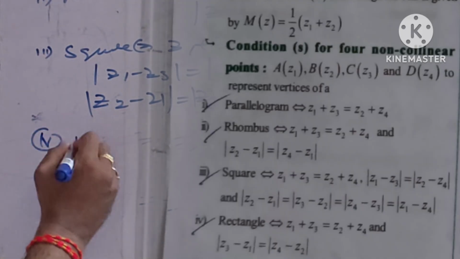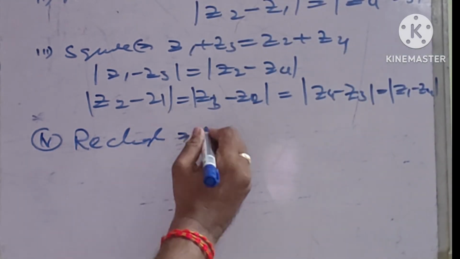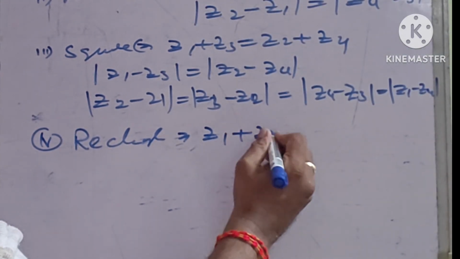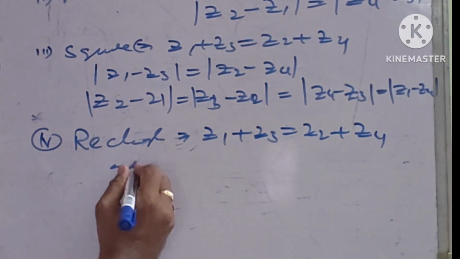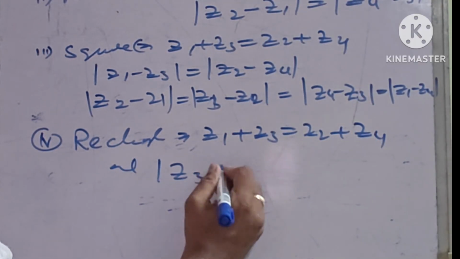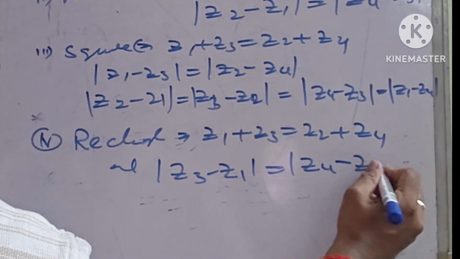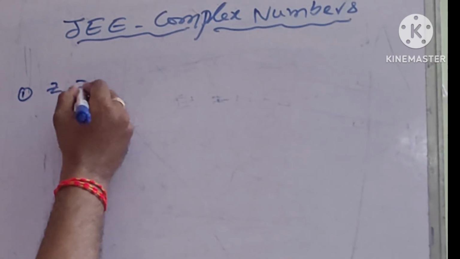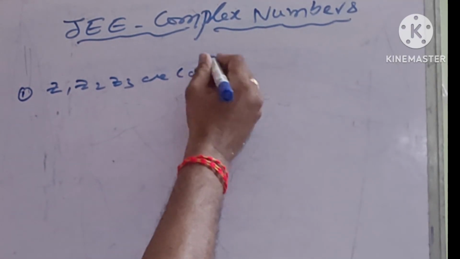Now the fourth one, rectangle. Here z1 plus z3 is equal to z2 plus z4, and mod of z3 minus z1 is equal to mod of z4 minus z2.